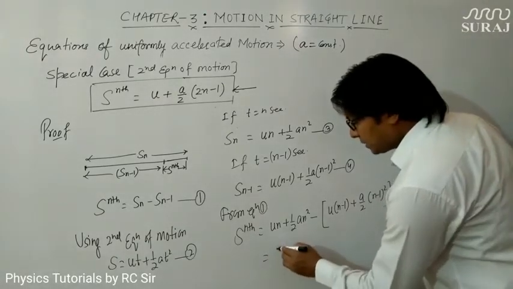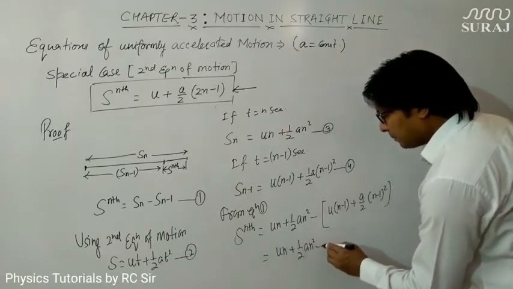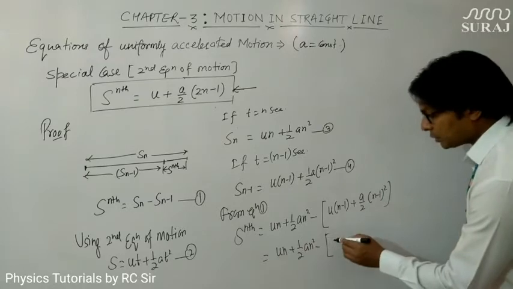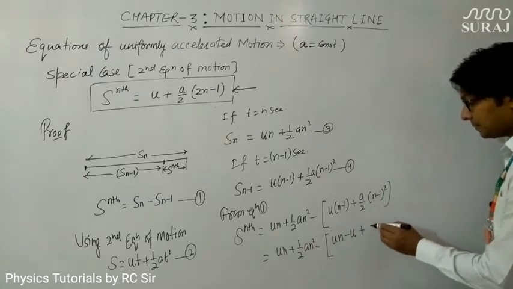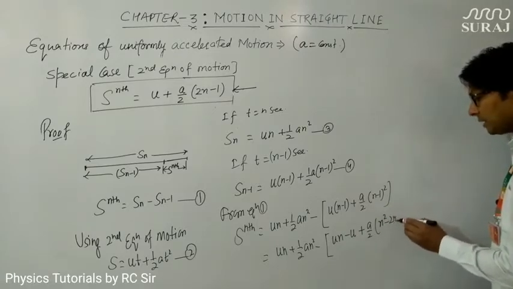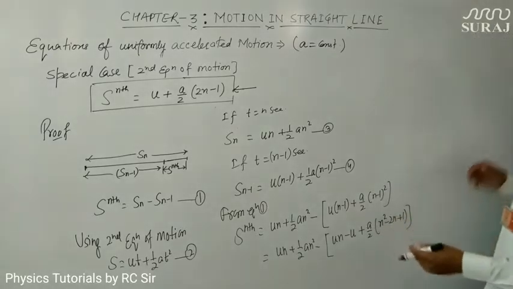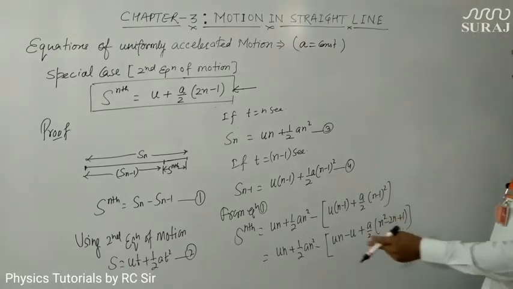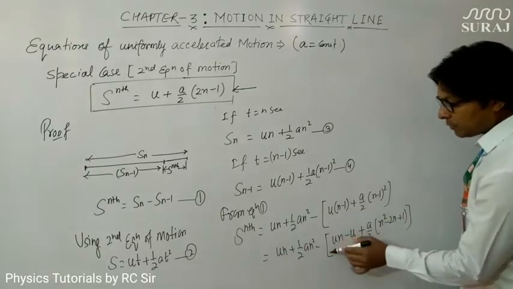Now this is un plus half an square minus, if I multiply, un minus u plus a by 2 times n square minus 2n plus 1. If I simplify, you can see un is positive and this un is negative, so they cancel out.